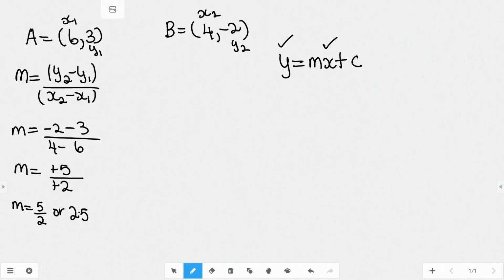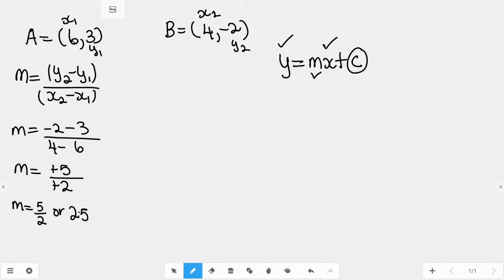We just calculated our gradient, and the only thing that is missing from the equation is the y-intercept.